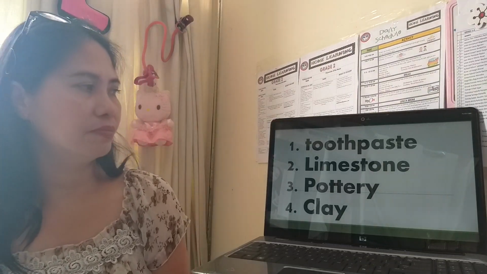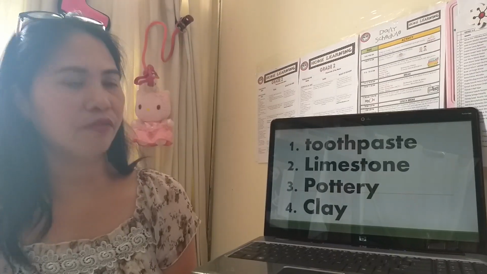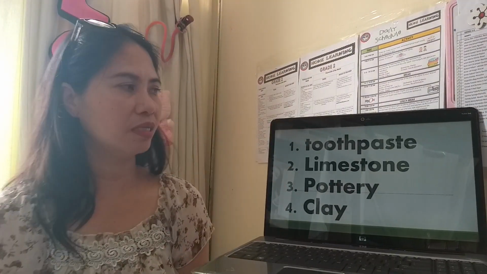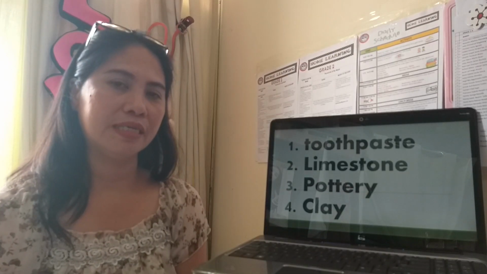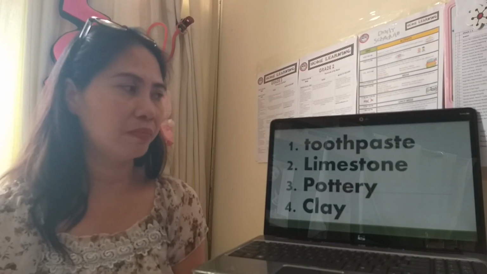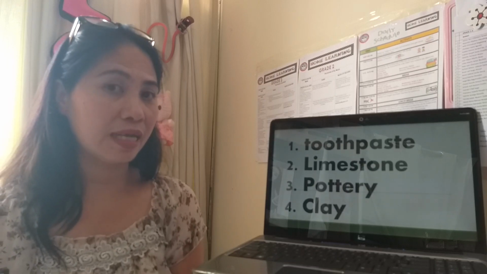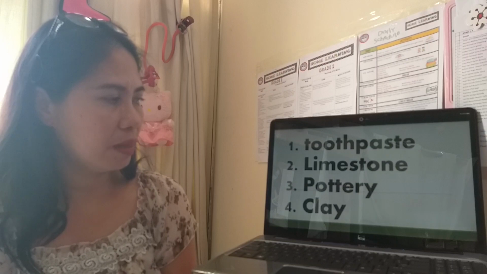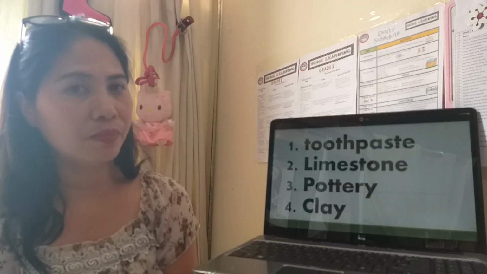Let's see. I have here four things. Is it man-made or natural material? Toothpaste. Yes, it is a man-made material. Limestone. Yes, it is a natural material. Pottery. Yes, it is a man-made material.